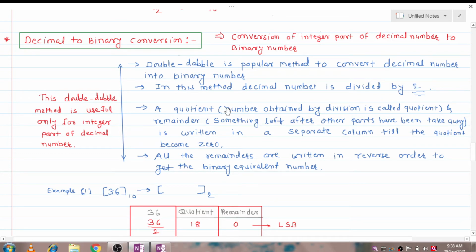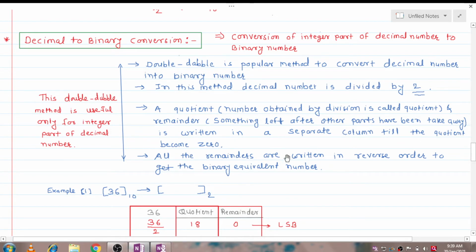A quotient means the number obtained by division, and a remainder means something left after other parts have been taken away. The remainder is written in a separate column till the quotient becomes 0.